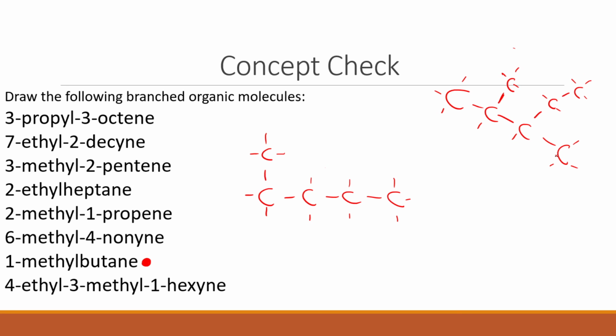Ooh, so Nicole asks a good question. In doing the inverse and naming a diagram, does it matter if you write 3-methyl-4-ethyl-1-hexyne, or if I do this, 4-ethyl-3-methyl-1-hexyne?